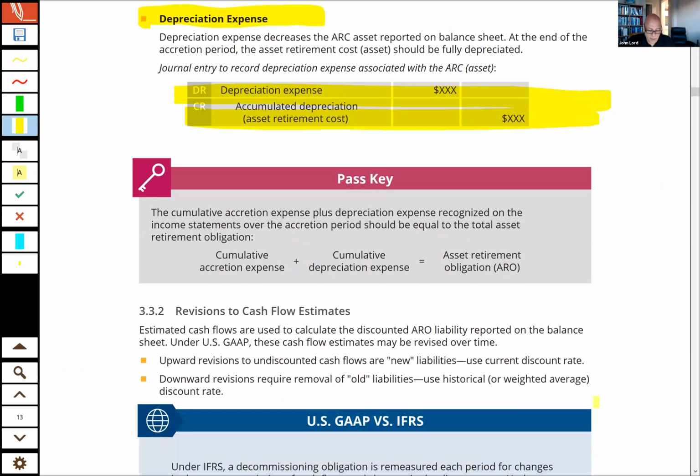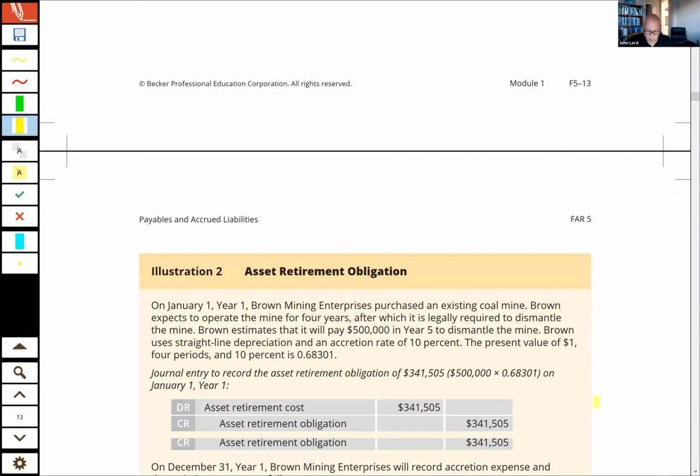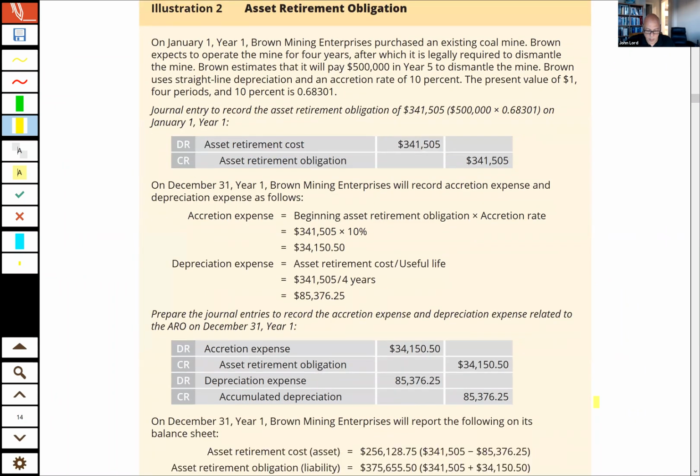And so I think it's worthwhile to spend a little time with this example, and I think you'll start to get sort of what's going on here. Okay. So we've got this mining enterprise that purchased an existing coal mine. Brown expects to operate the mine for 4 years, after which it is legally required to dismantle the mine. Brown estimates it will pay $500,000 to dismantle the mine.